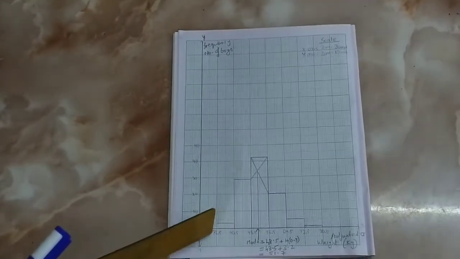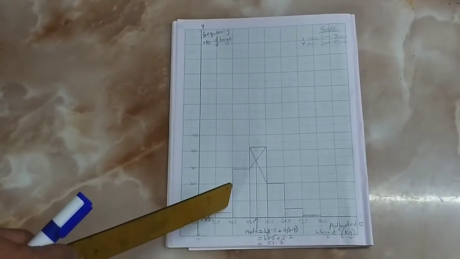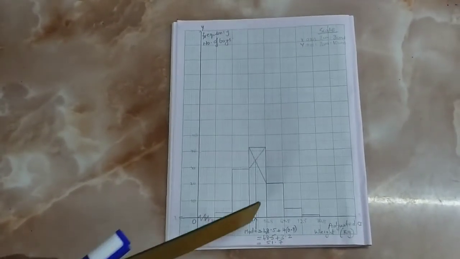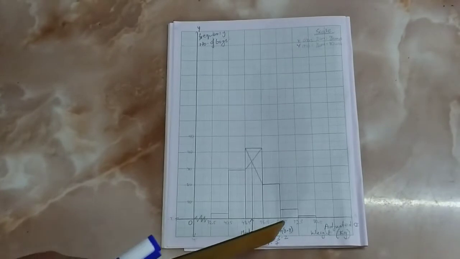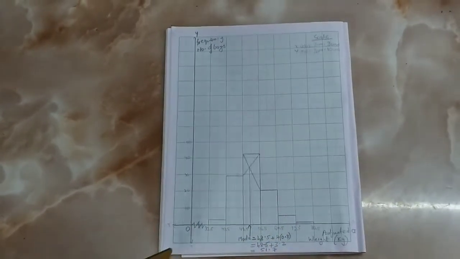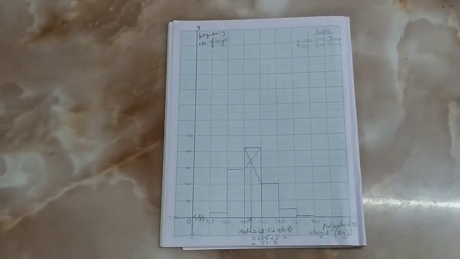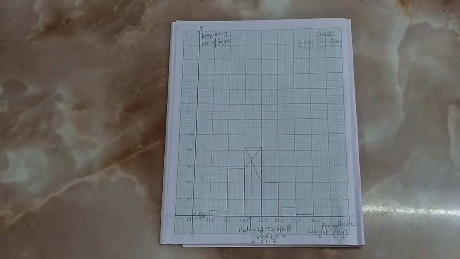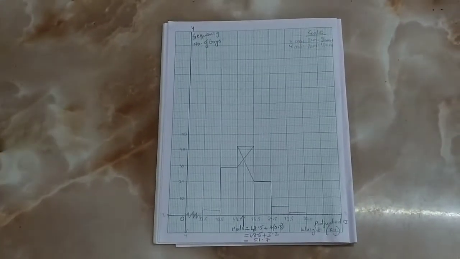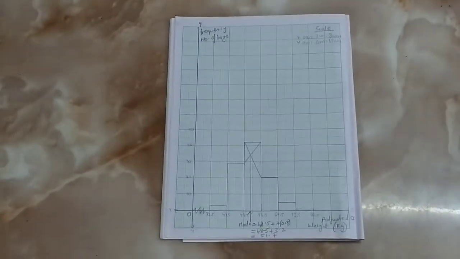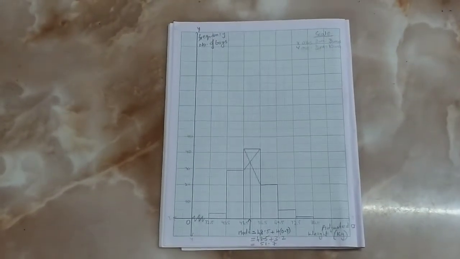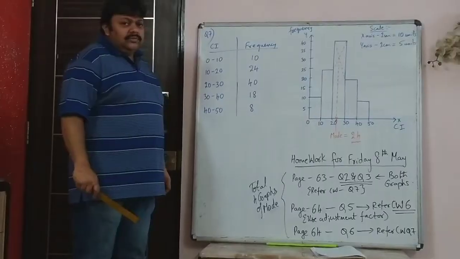So because 10 lines is equal to 8, each small line in between is 0.8. So after 48.5 it is 4 lines. So 4 into 0.8, so it will be 51.7. Same way, draw the graph, and on the ruled page besides the graph, write all the adjusted class intervals and the table as was given on the board.